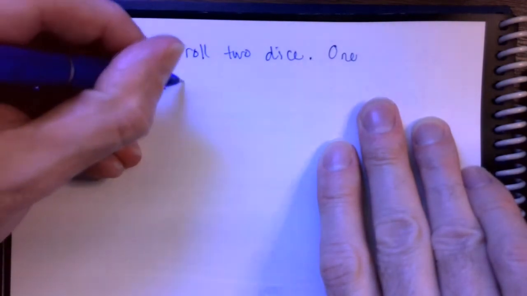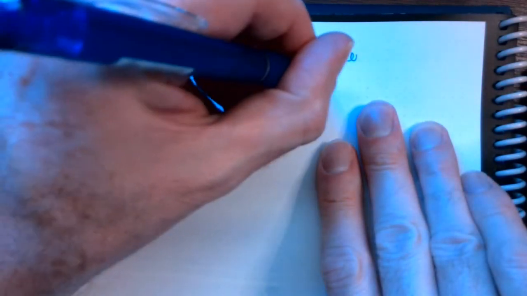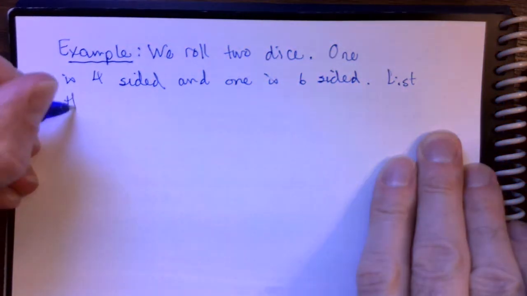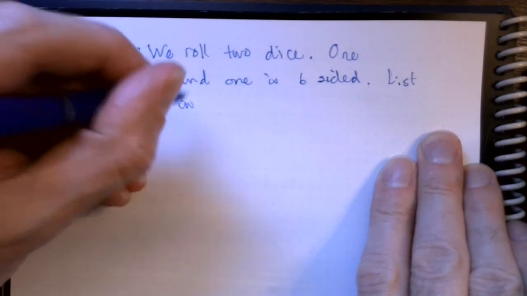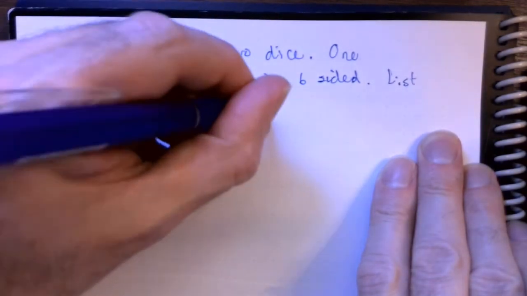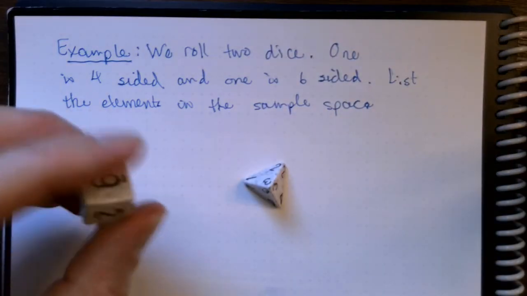One is 4-sided and one is 6-sided. List the elements in the sample space. Okay, now I just want you to realize that 4-sided die do exist.